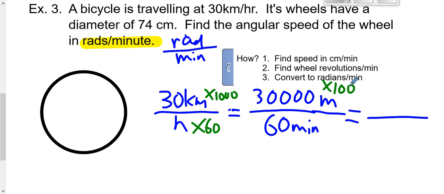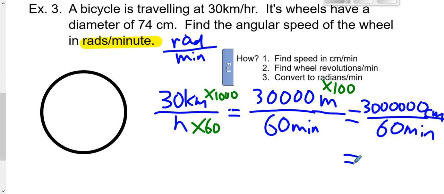So if you look at that, 30,000 times 100 gives you 3 million centimeters. Okay, and the bottom is already in minutes, so 60 minutes.